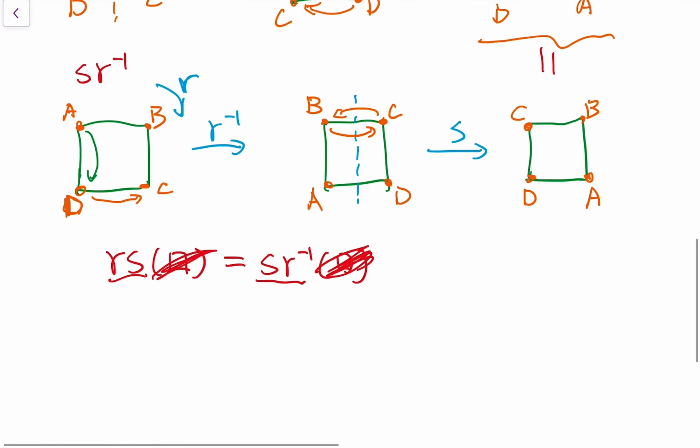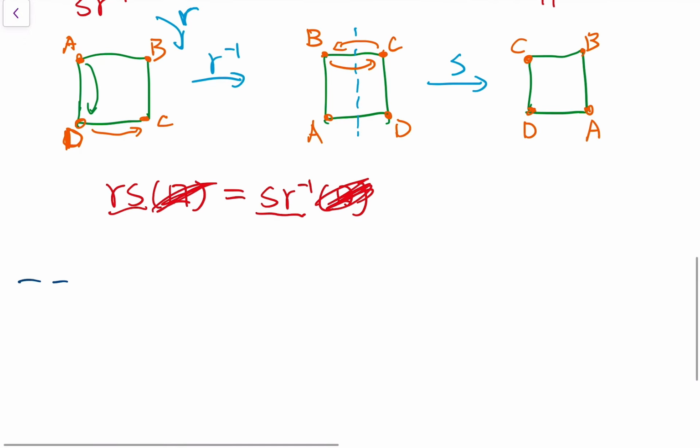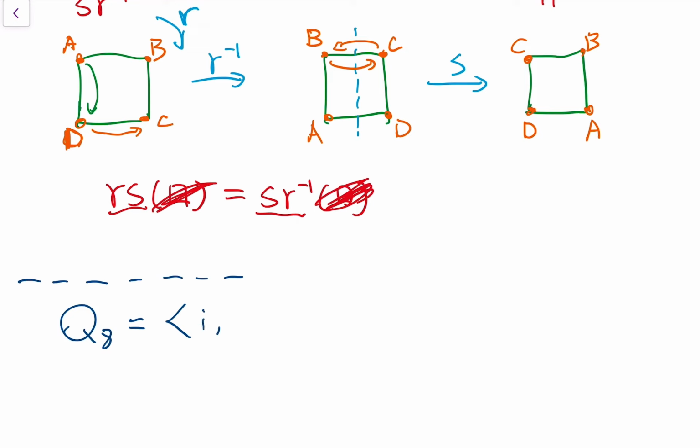Okay, the Quaternion group looks like this. We usually write it as Q8, and it is also generated by two elements, i and j.